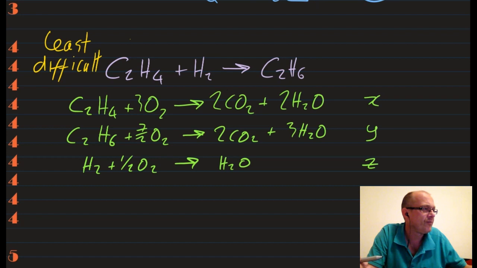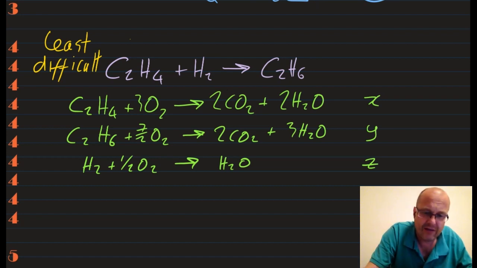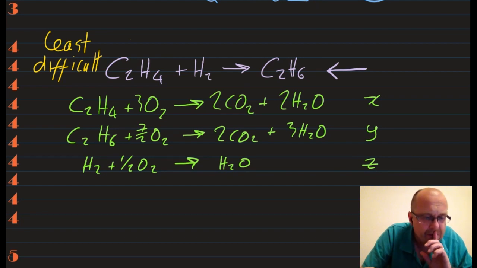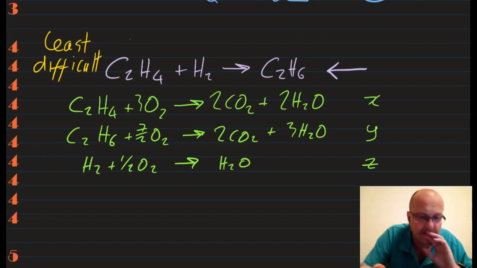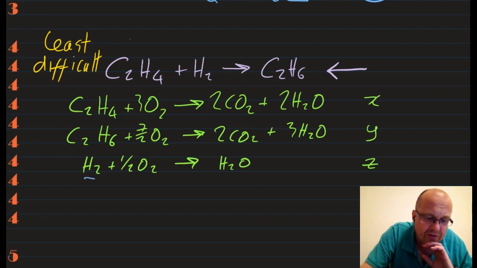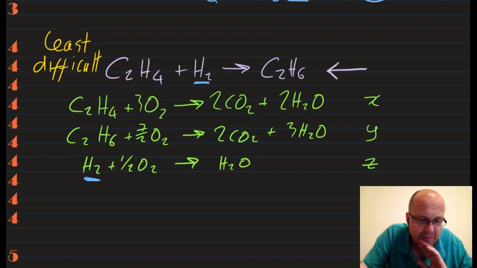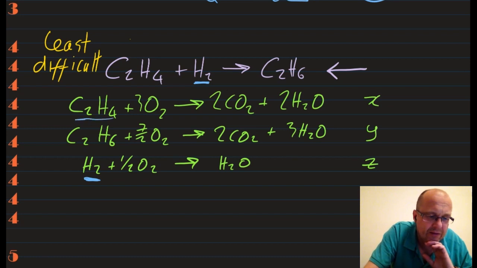3 equations. Okay, so I'm trying to get the target equation. And nothing needs doubling, because looking at the answers, there's no 2s or 3s. It's just X, Y, Z. But something needs flipping around. Which one am I going to flip around? I like the hydrogen on this side because it's on that side. That's fine. And I like this ethene on this side, because it's on ethene there.